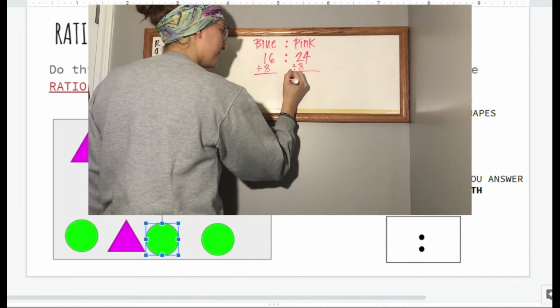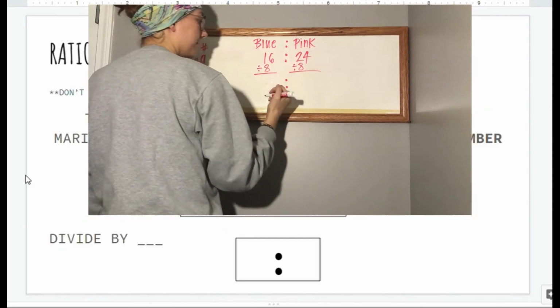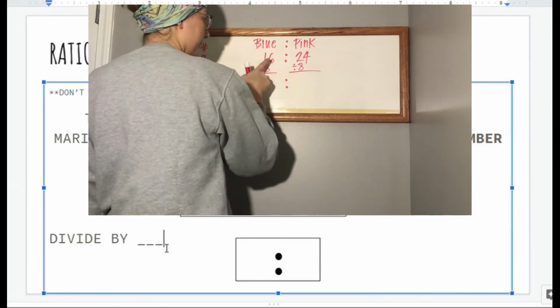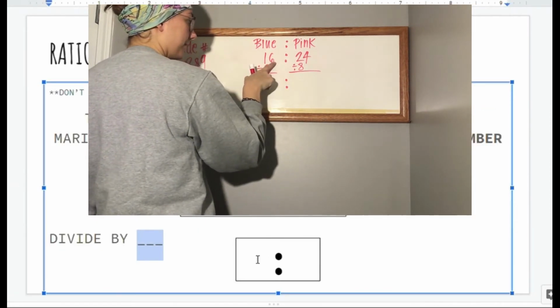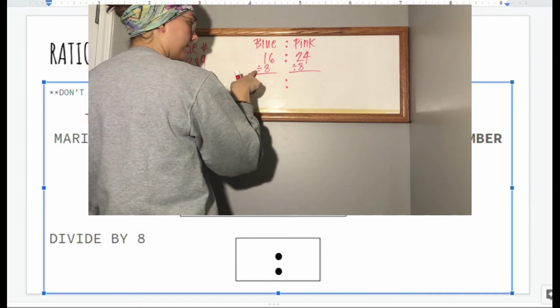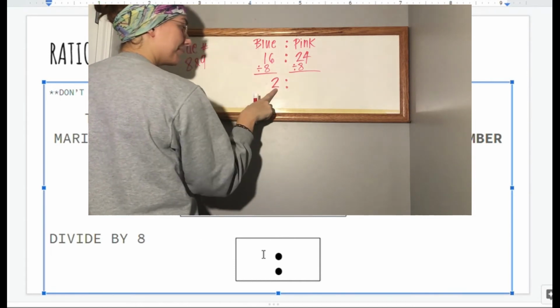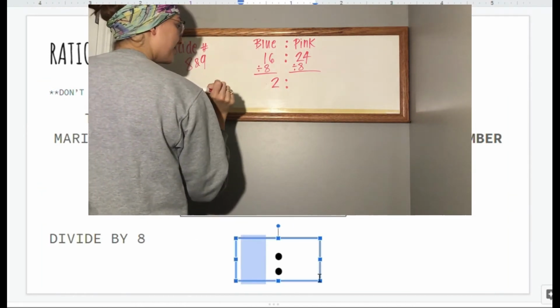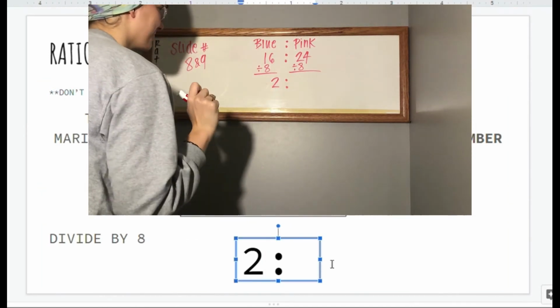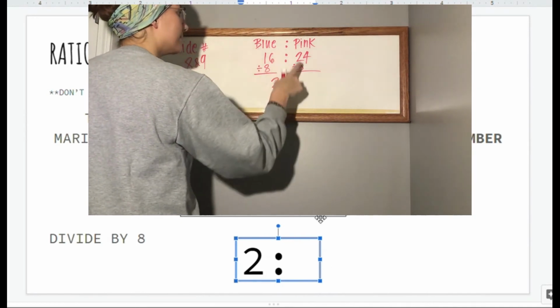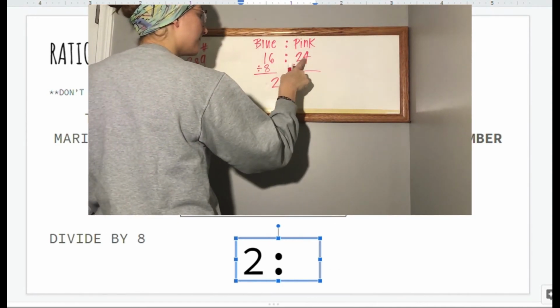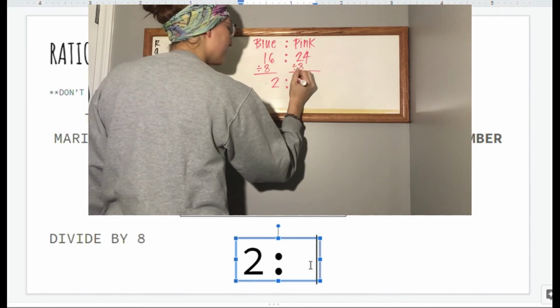So I'm going to divide 16 by 8. When I divide 16 by 8, I get an answer of 2. Whatever I do to one side, I do to the other. 24 divided by 8 is 3.